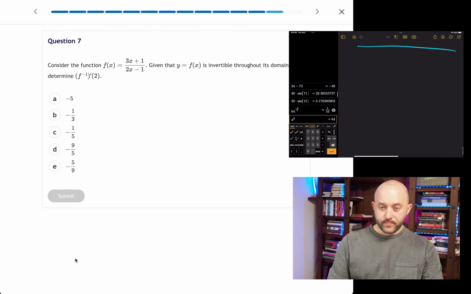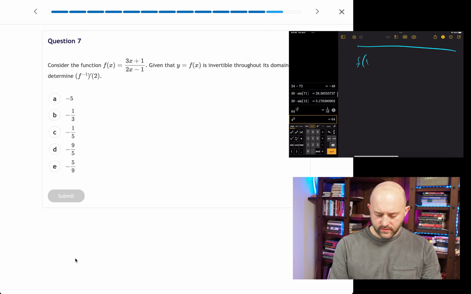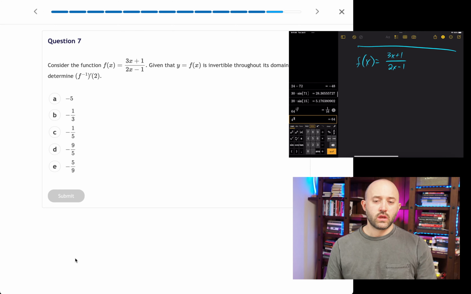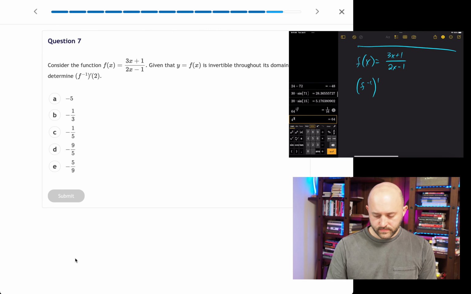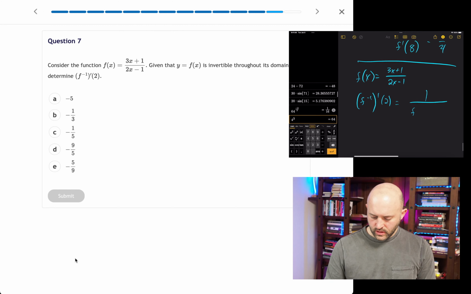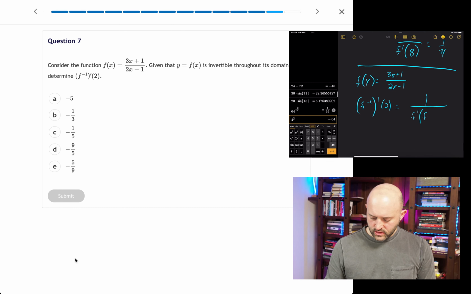Let's try it out. f of x is 3x plus 1 over 2x minus 1. What is f negative 1 prime of 2? This would be equal to 1 over f prime of f negative 1 of 2.